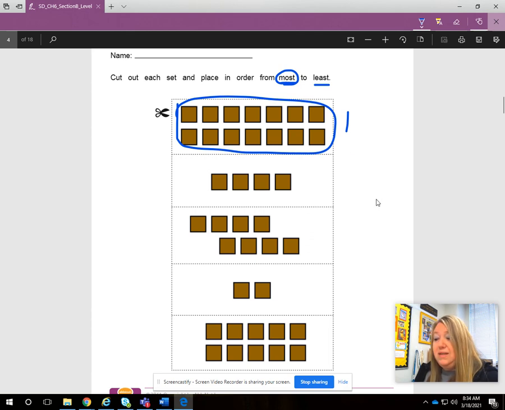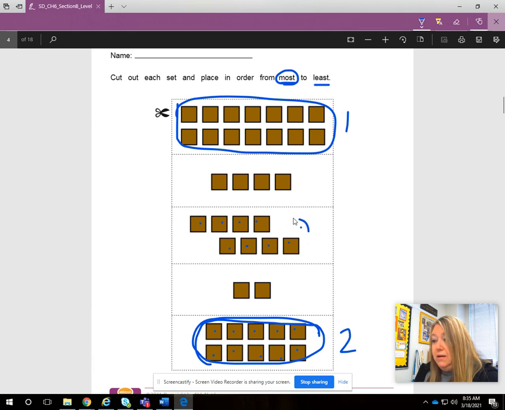The one with the second most, I'm not really sure because it's either this one or this one. So I can count them 1, 2, 3, 4, 5, 6, 7, 8, or 1, 2, 3, 4, 5, 6, 7, 8, 9, 10. Oh, this one has more. So this one is the next most. So it's going to be number 2.